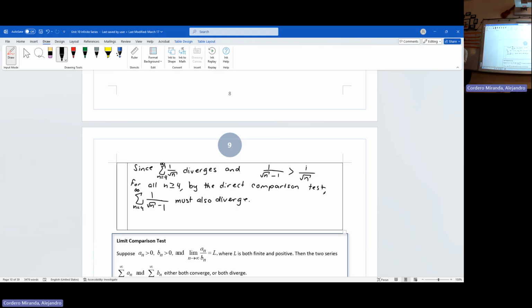All right, questions on this one? Okay, everybody's good with this 4. Everybody's good with the fact that I said this diverges, even though it starts at 4 and not 1, like it was in your notes. If you didn't think about that, then of course this has to diverge. If you take off 3 terms, those 3 terms aren't going to be the difference between an infinite result and a finite result.